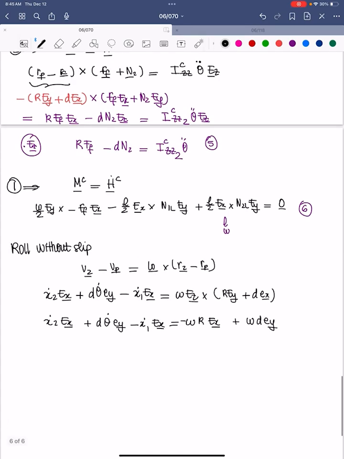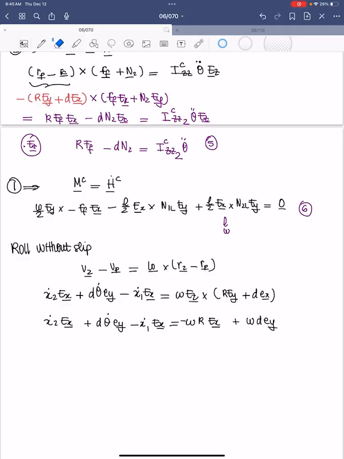So I can project. Initially EY is equal to EX. Well, should I say that because I want to take the derivative of this equation? Let me just take the derivative of this equation.